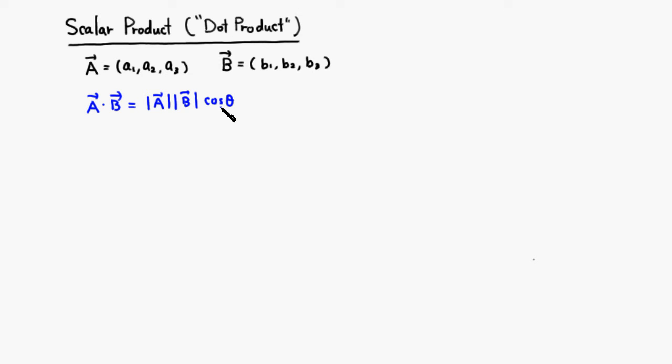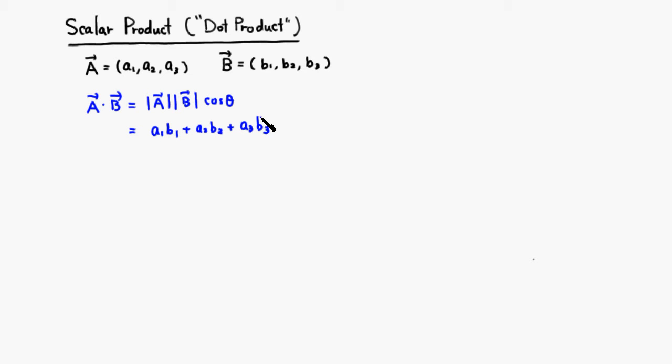Right. Another way is component-wise: we can compute it by A1 times B1 plus A2 times B2 plus A3 times B3. Right? So those are the definitions.